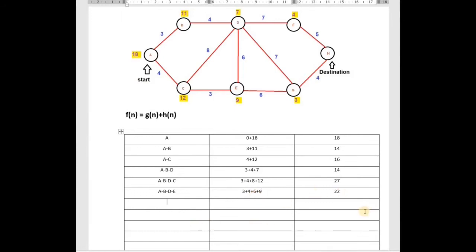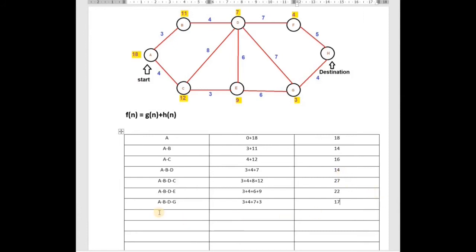Now I will go for A, B, D and G. For A, B, D, G, I am getting the value of 3 plus 4 plus 7 plus 3, where 3 is the heuristic value of G. So I am getting the total of 17 here.